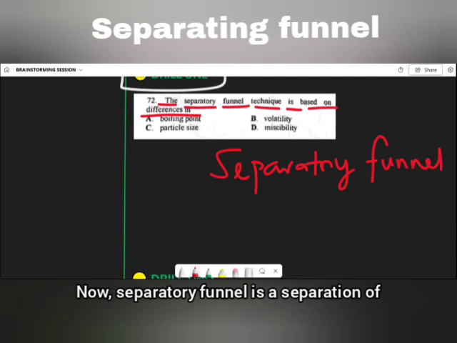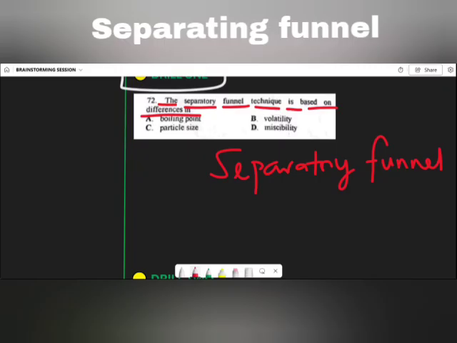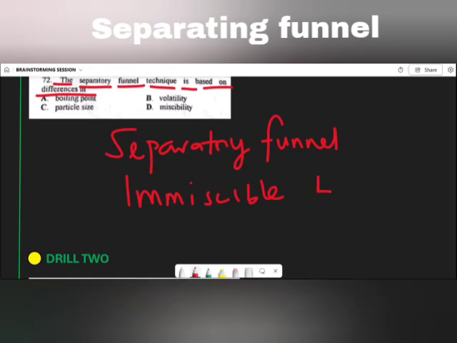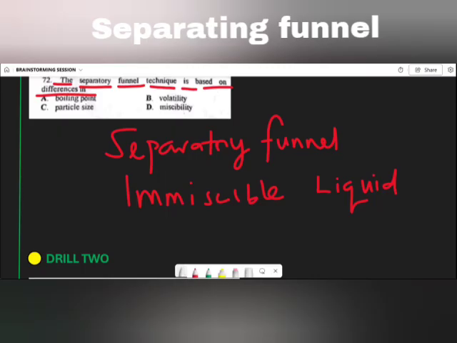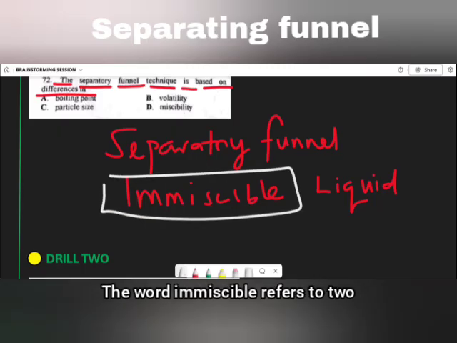Now, separatory funnel is the separation of two immiscible liquids. What is the meaning of immiscible liquid? The word immiscible refers to two or more liquids that cannot mix together.